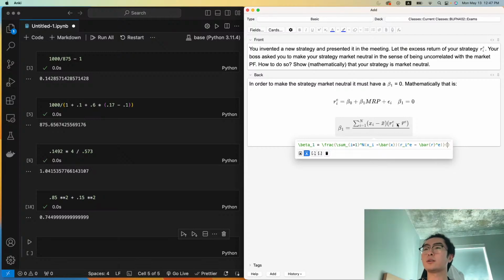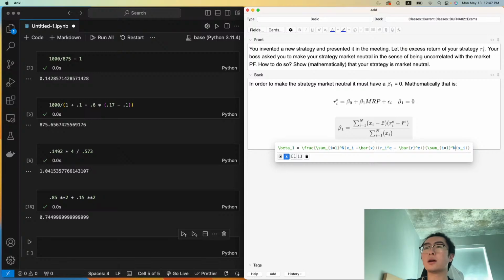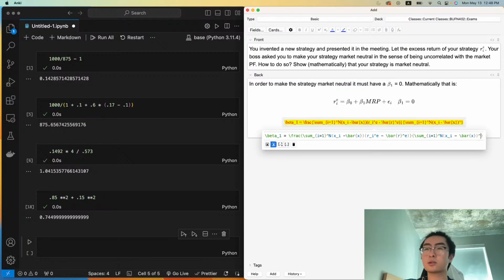And so divided by the sum from i equal to 1 to n of x_i minus x bar, squared.